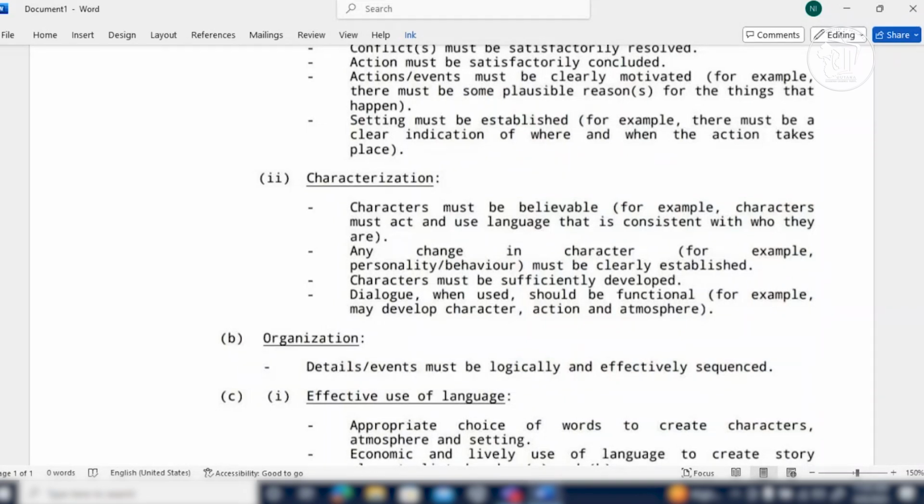Our characters must be sufficiently developed. Now I know, class, we are really pushing a lot into this, but you know all of this, and I am reminding you. That is why in our stories we don't put 12 characters. Even if we have 12 characters, some must be just flat characters. You know the difference between round and flat characters.